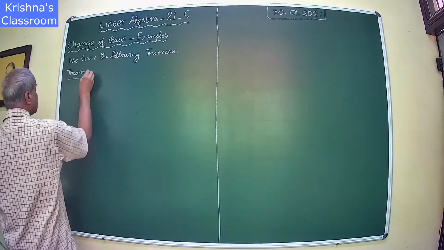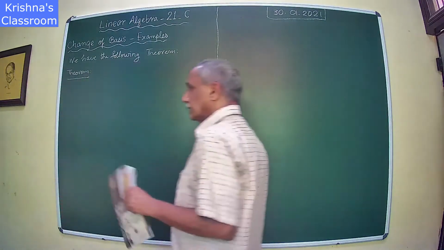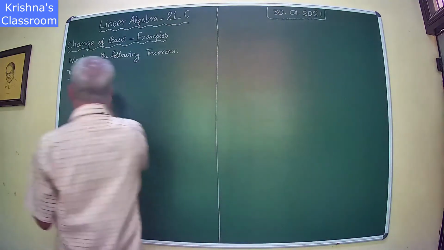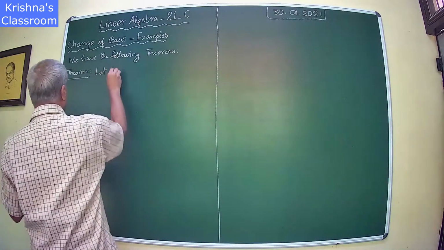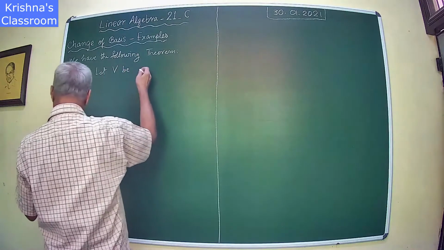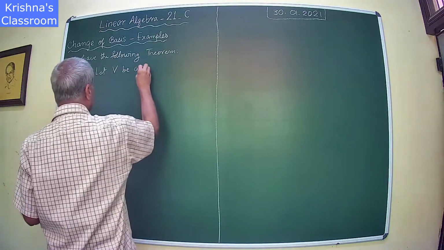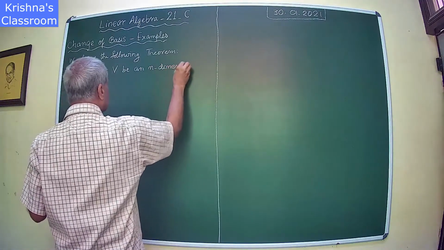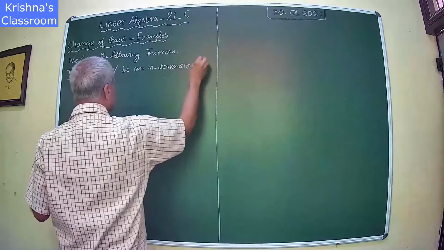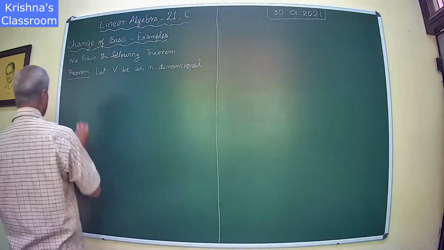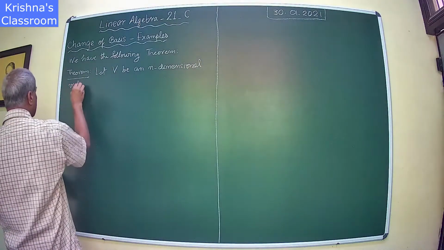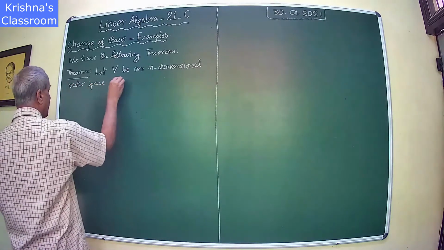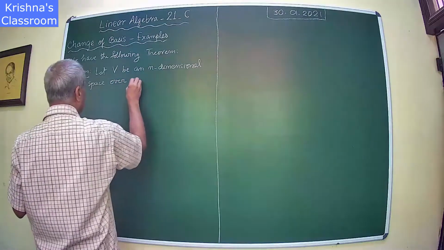Let me just write this up. We have already proved this result. So let V be an n-dimensional vector space over a field.